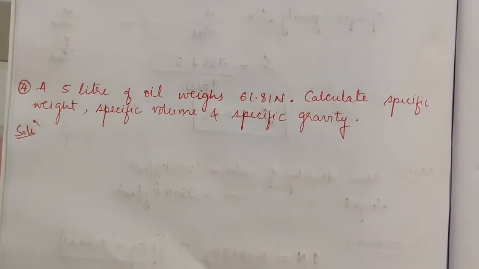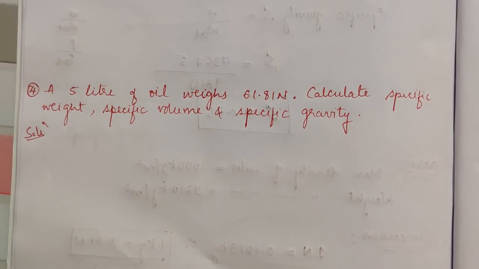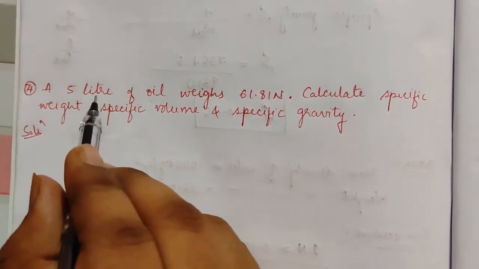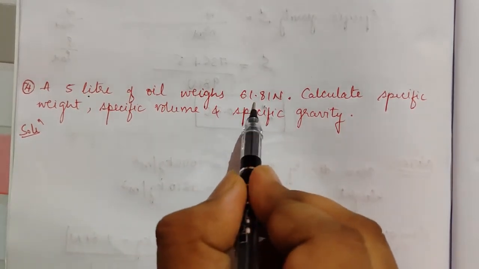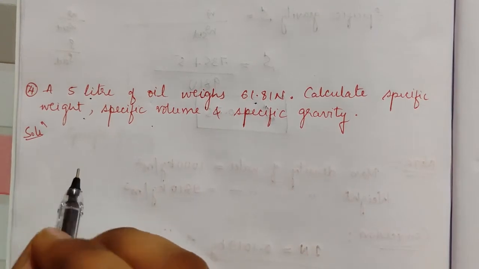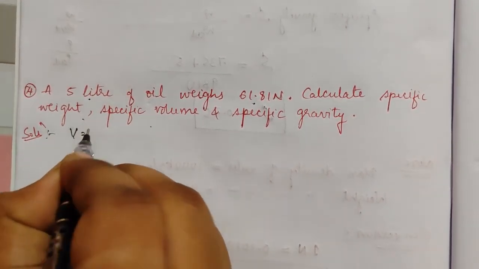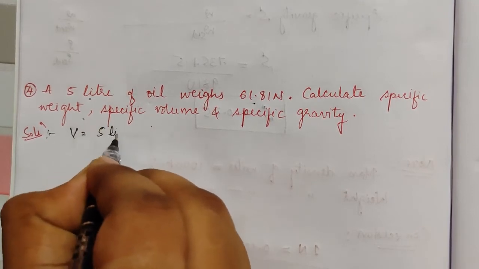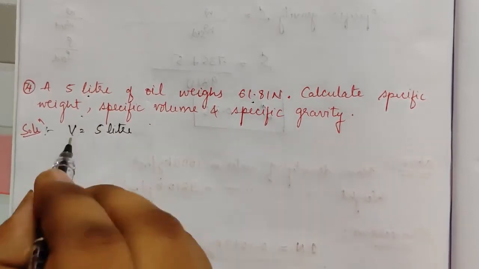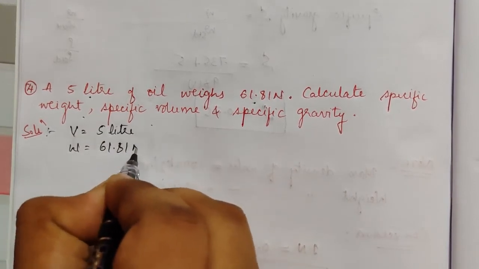I already copied the question. A 5 liter of oil weighs 61.81 Newton. So volume is given, weight is given. Calculate specific weight, specific volume, specific gravity. I'll try to solve directly. Volume is 5 liters and weight is 61.81 Newton.